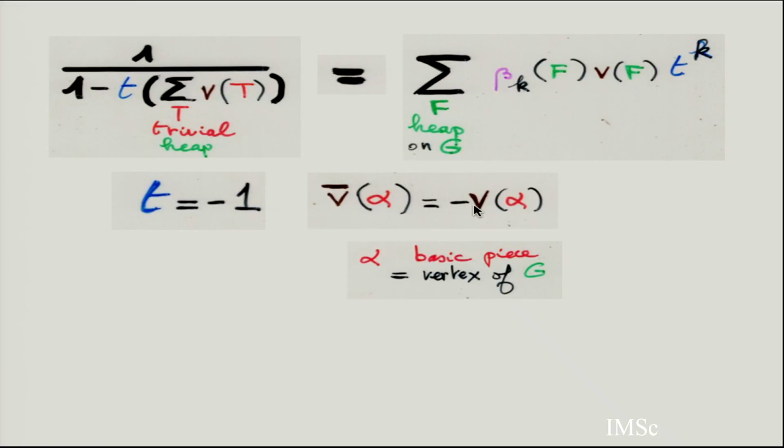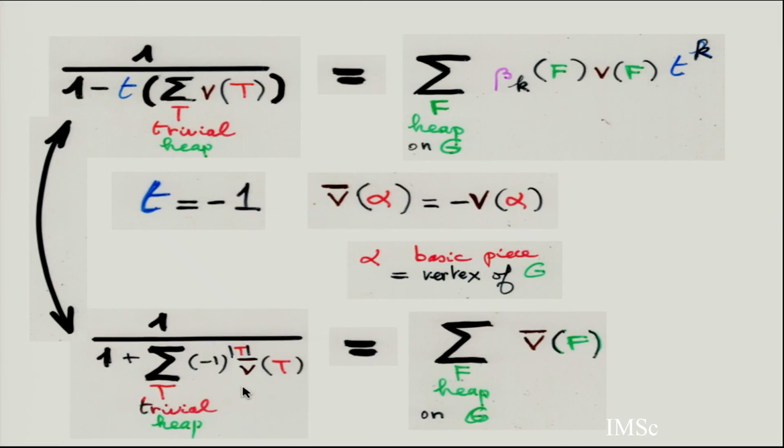So on each basic piece, I put a minus. It's very easy. You just change the valuation, v bar equal minus v. And then put t equal minus 1, so it's going to give 1 plus the new valuation, so you have 1 plus the sum over all trivial heaps of minus 1 power the number of elements of the heap, v of t, v bar of t. Now the inversion theorem, the inversion lemma, gives you this equal this.